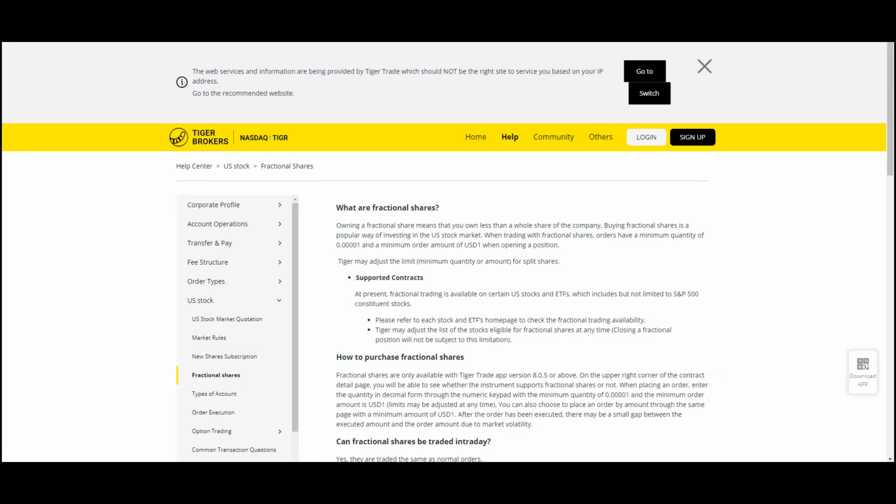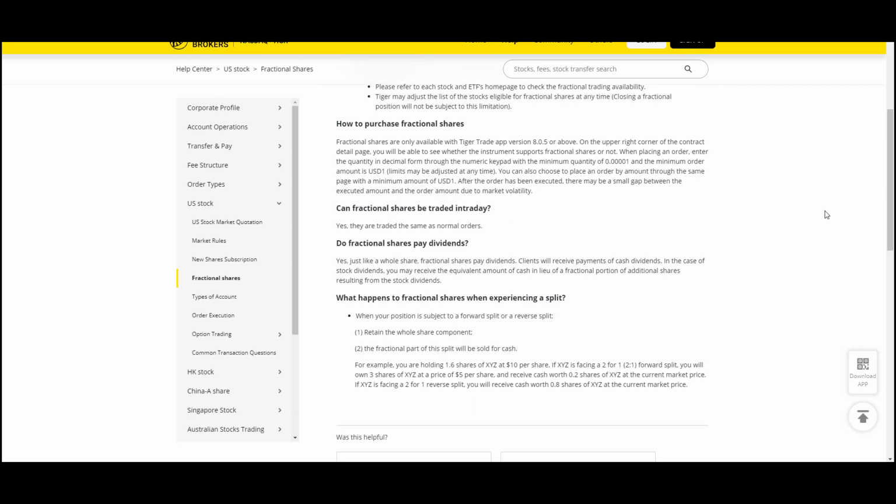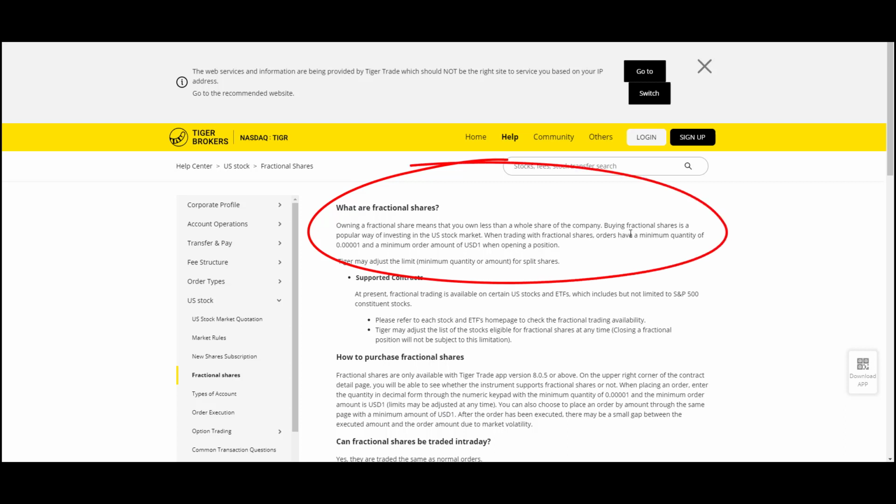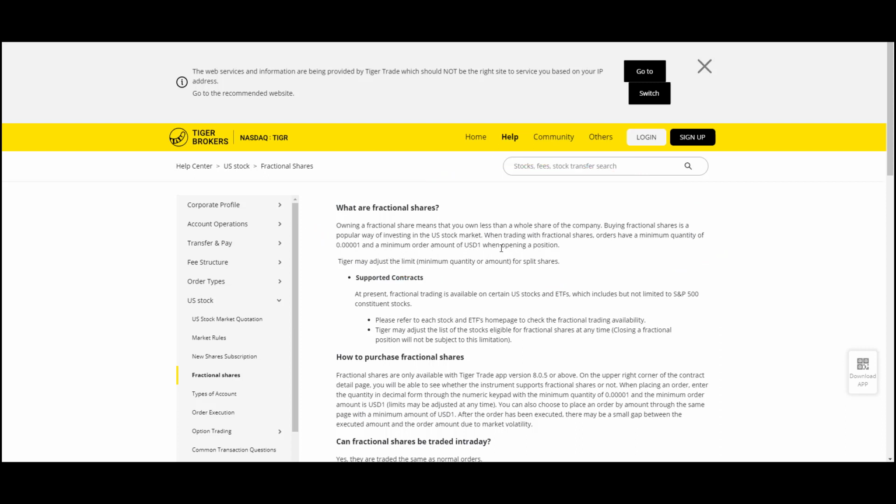They've got a great internal guide on fractional trading. If you want to learn more, you scroll down through that. It tells you all about fractional shares, what's involved, Q&As. And also importantly for us, it says orders have a minimum quantity of 0.00001 and a minimum order amount of $1 when opening a position. It means that our $25 in the example is no problem and we can get trading.